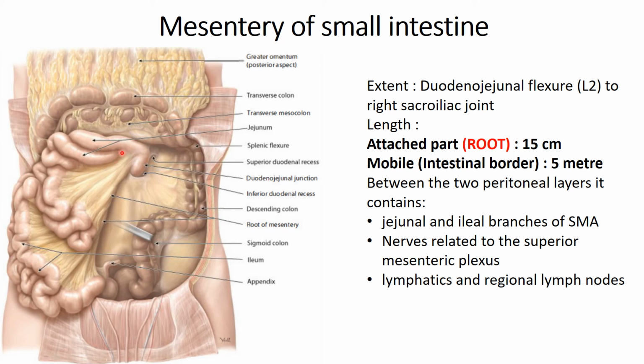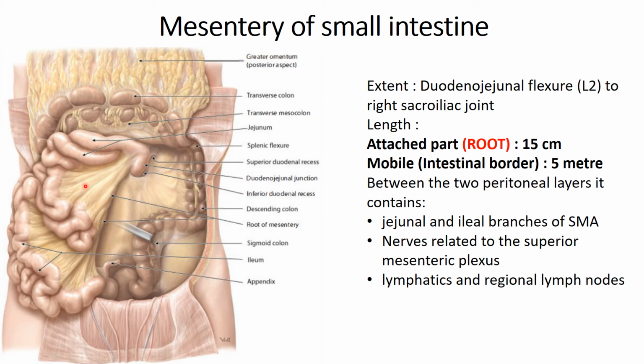Now the free or mobile border, which is the intestinal border, is of the same length as that of the intestinal coils, that is 5 meters, and that's how it provides very high mobility. The average depth is 20 centimeters, though it varies and is less at both terminal ends, at the duodenojejunal junction and at the terminal ileal portion.